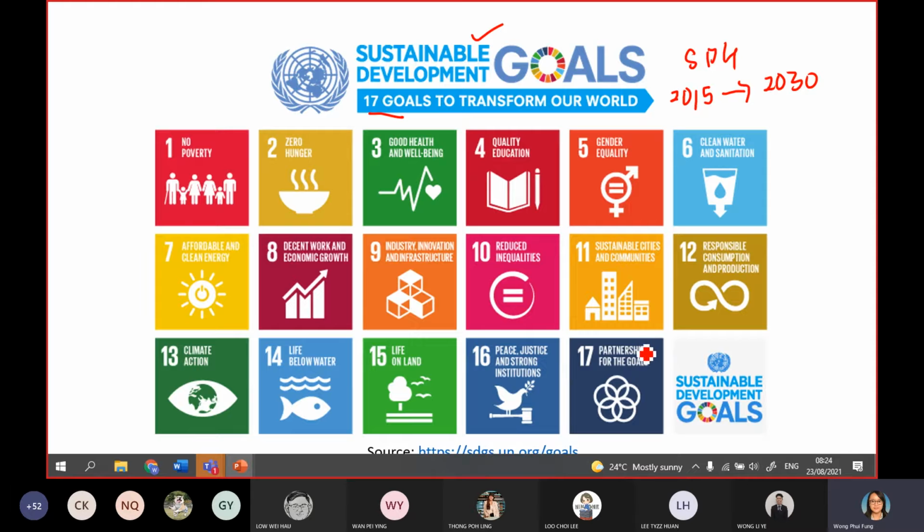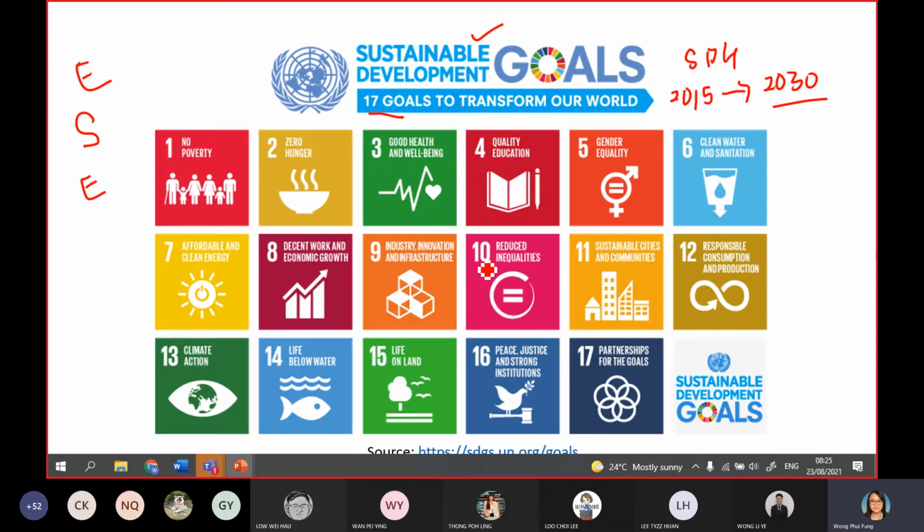So all countries, no matter whether poor or rich, have to cooperate together to form a global partnership to achieve these 17 goals by 2030. When you look at them, you will notice that the 17 goals comprise environmental, social, and at the same time economic aspects.